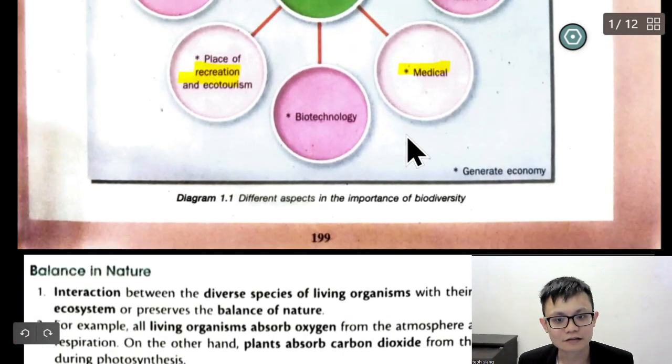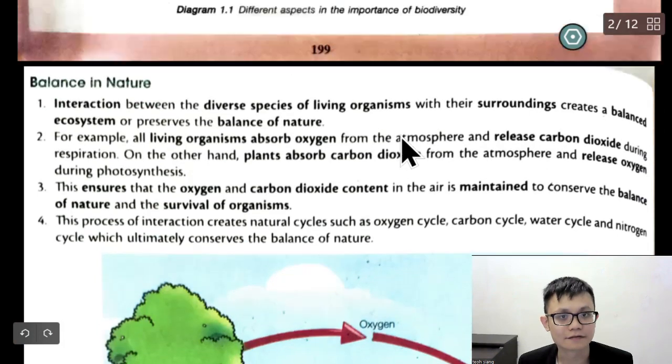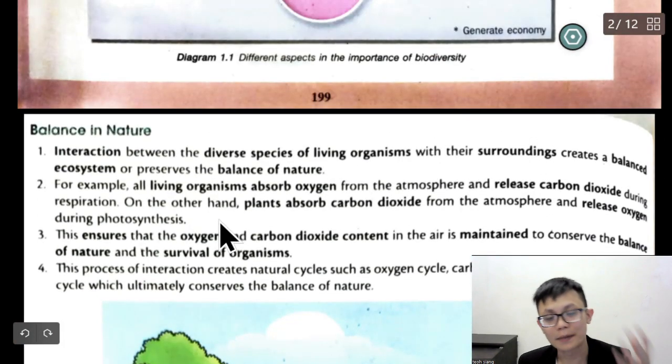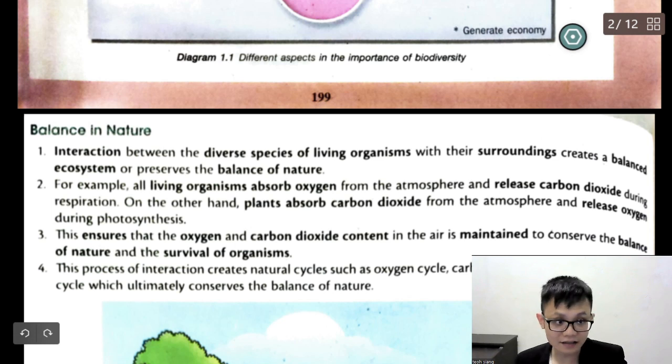Okay, so let's look at the next question. Of course in biodiversity, we need to have balance and there is interaction, correct or not? Interaction among living things.